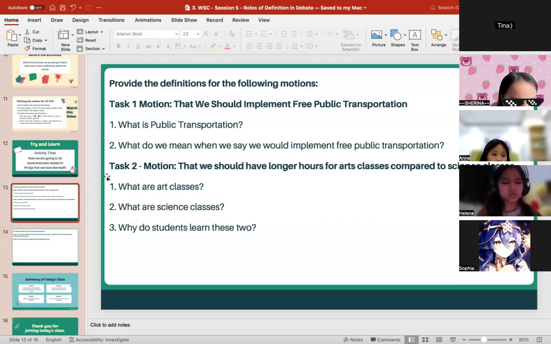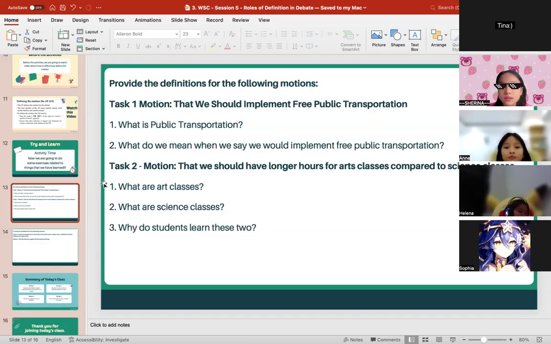Okay, so first is what are art classes? So I think that art classes is simple. I would just describe it simply: art classes are classes that teach arts, and in art classes students get to do something related to art, like painting, drawing, and they can be creative. Next is what are science classes.